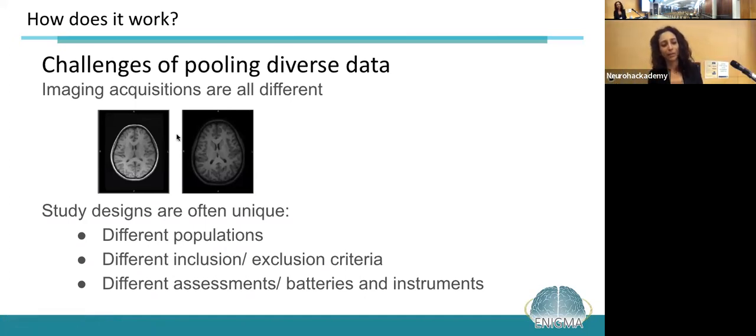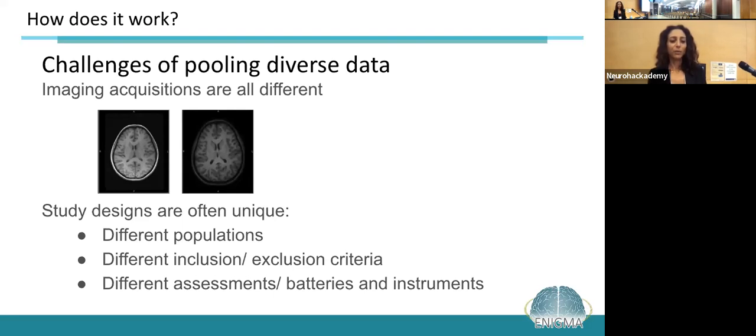So these two images right here, they're actually the same brain, taken on two different scanners. This is a 1.5 Tesla scanner. We scanned them just before they had a scanner upgrade to a 3 Tesla scanner. But not only are the MRI scanners different, the acquisitions are different.